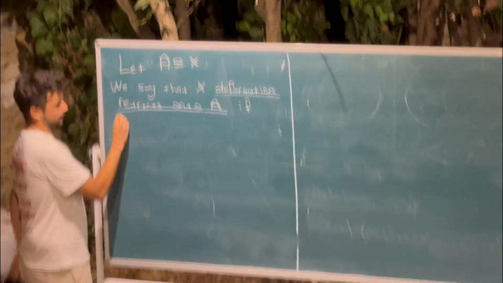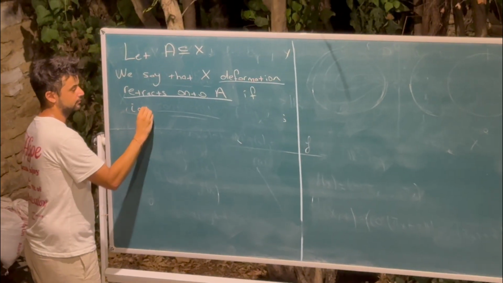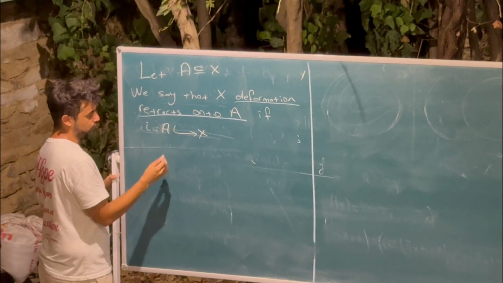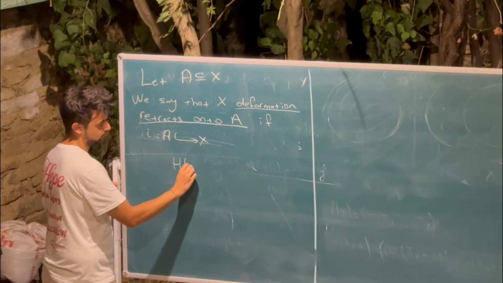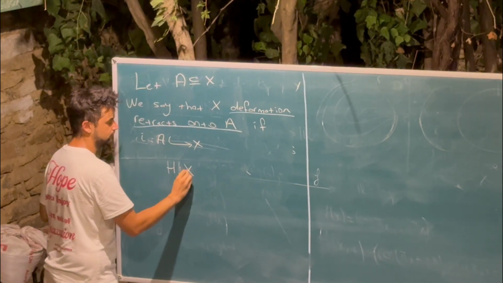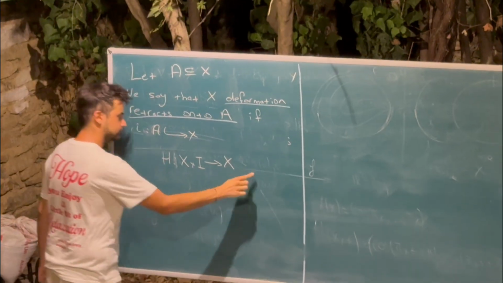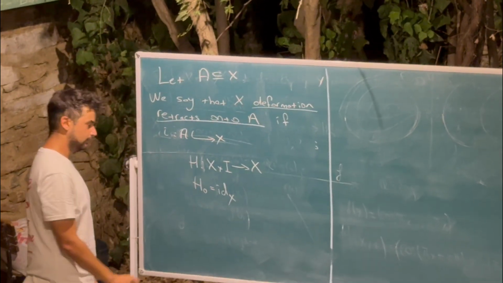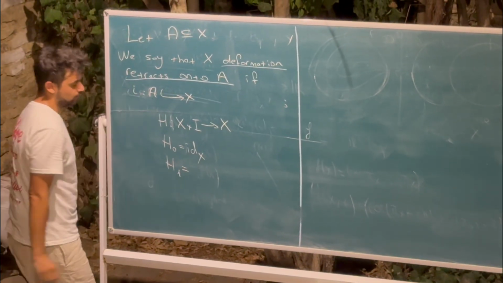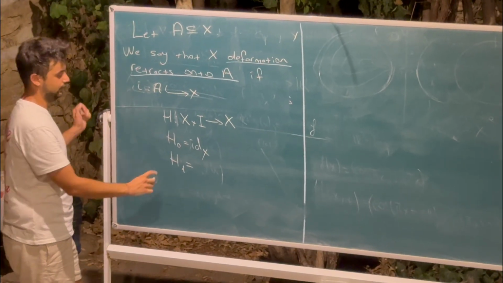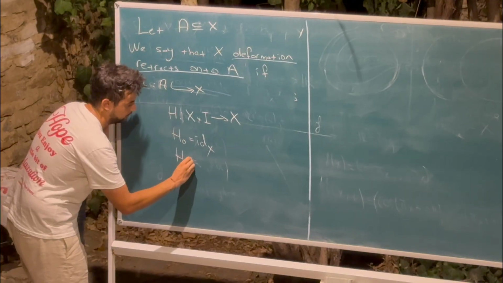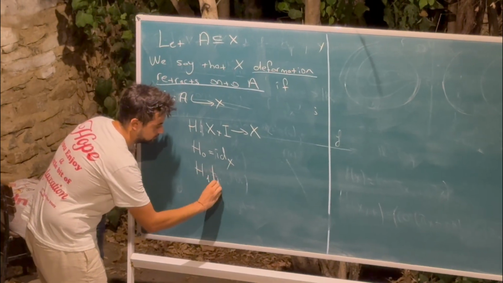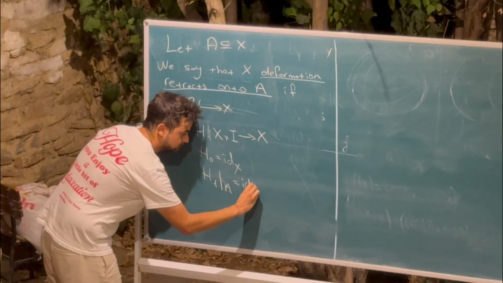So we have the inclusion map, and what we want is a homotopy such that the first one is going to be the identity of X. The last one restricted to A is the identity of A.